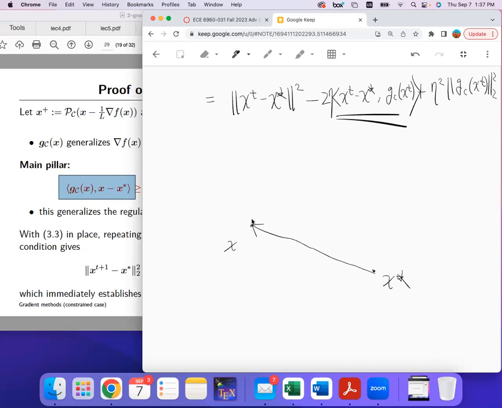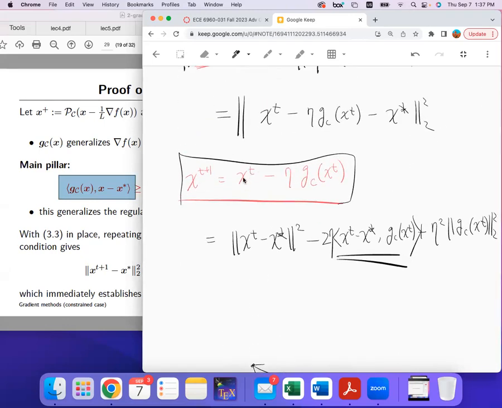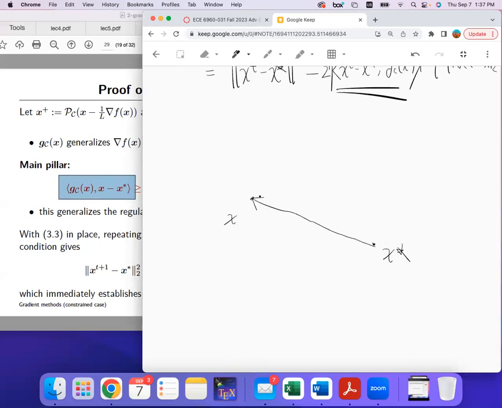And your update rule is following the negative GC. So let's say this is GC at x, then the negative GC will be here, so the negative update direction will be pointing towards x star.